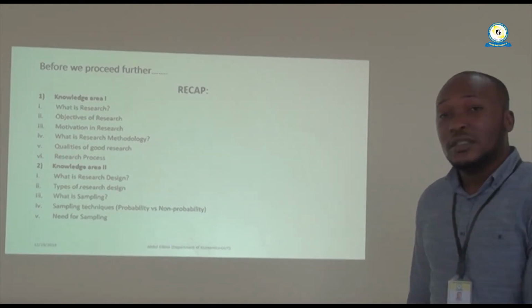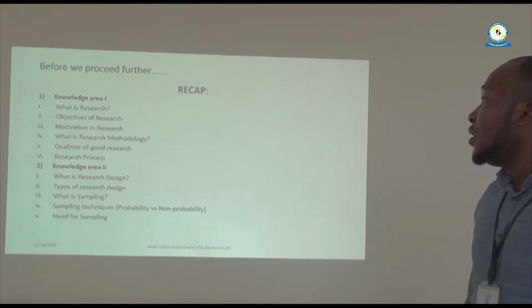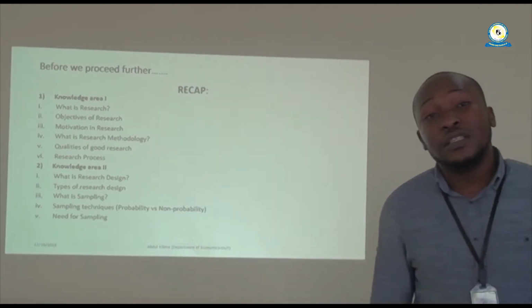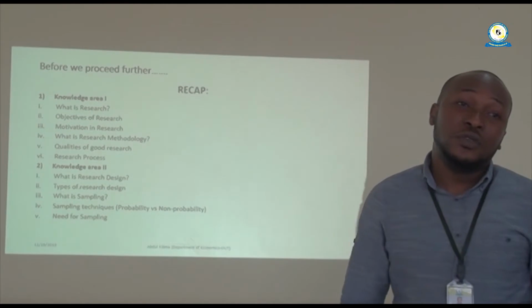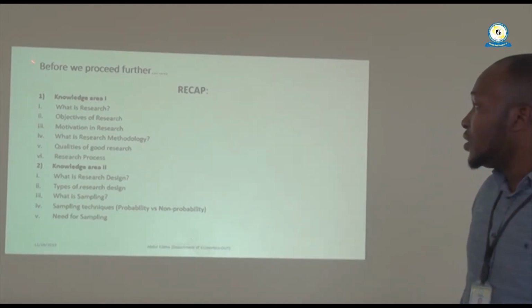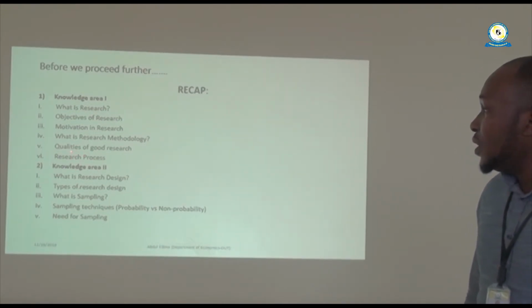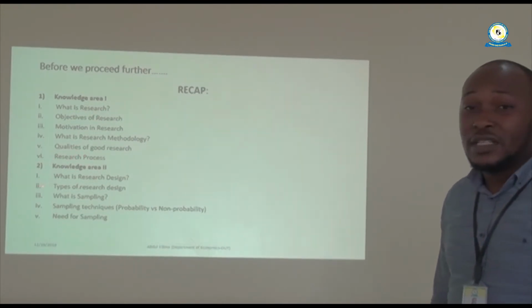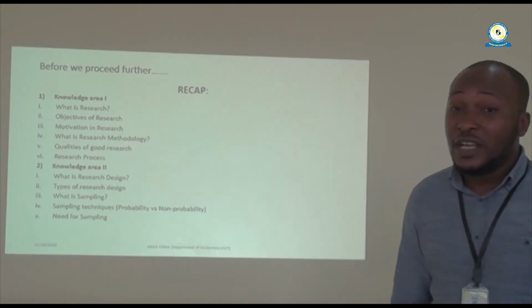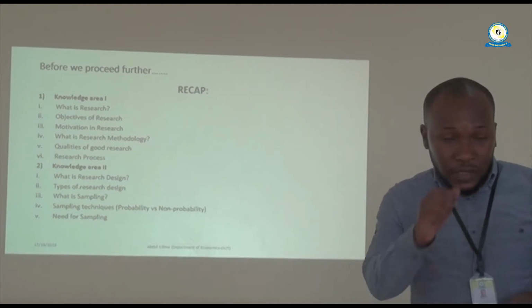Then after that, you do a literature survey. Literature survey is done to know what is known and what is not known, what has been said by others, what are the concepts and theories, so that you can identify the gap and get direction towards solving your problem.